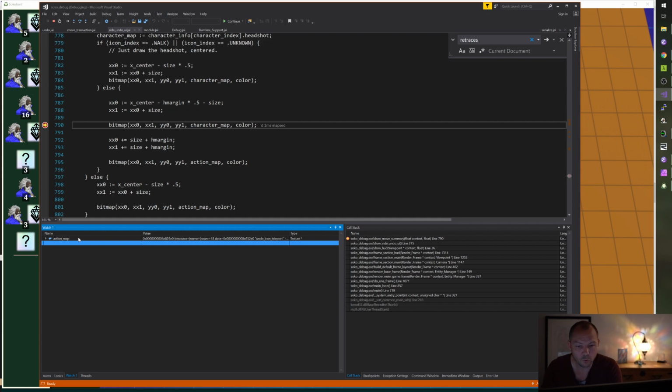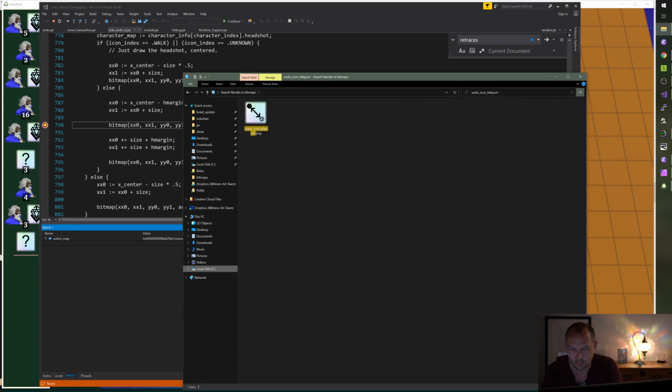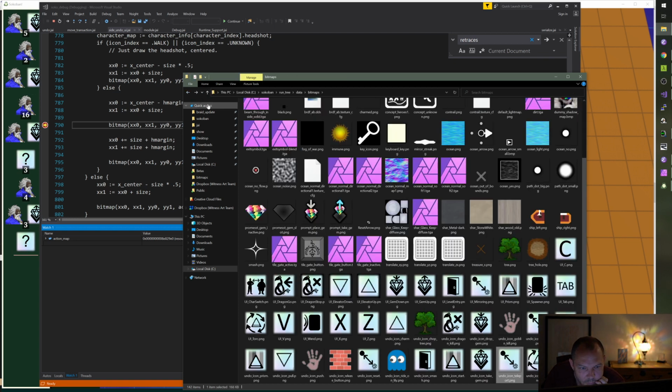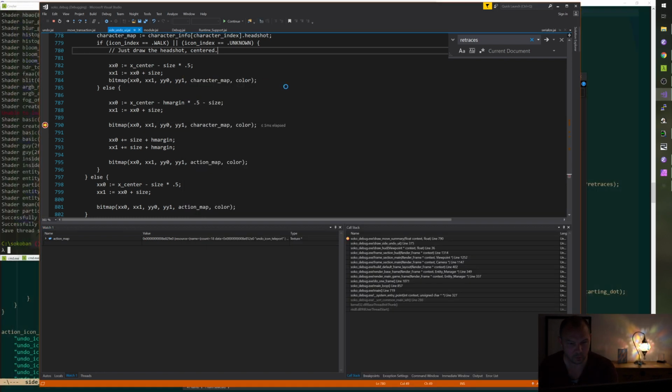Oh, do we have multiple under different file extensions? No. You know what? This is an asset caching problem. Probably. Let's see.